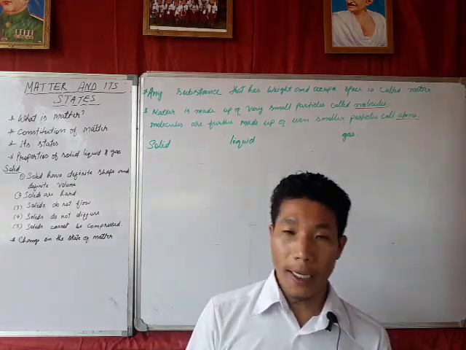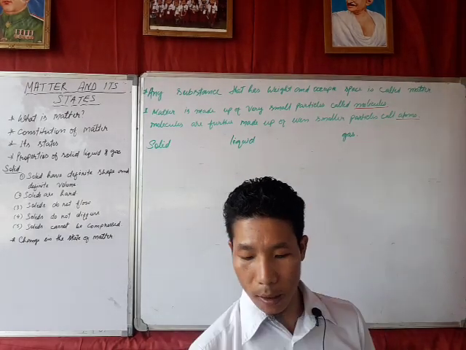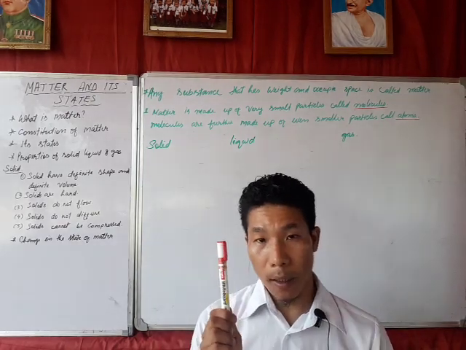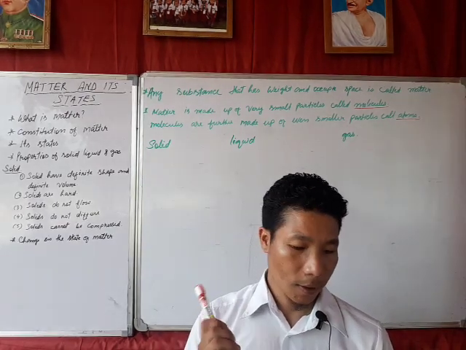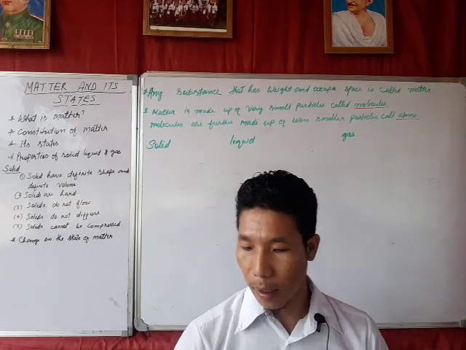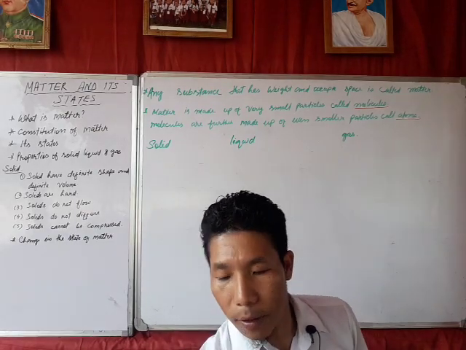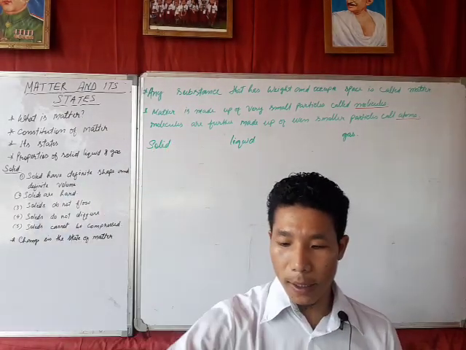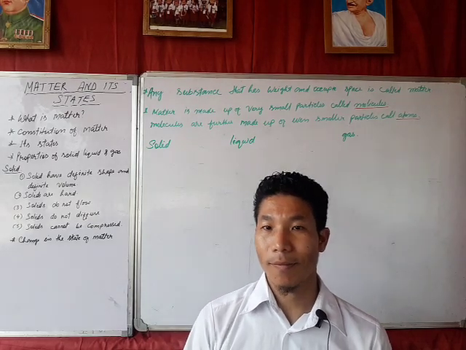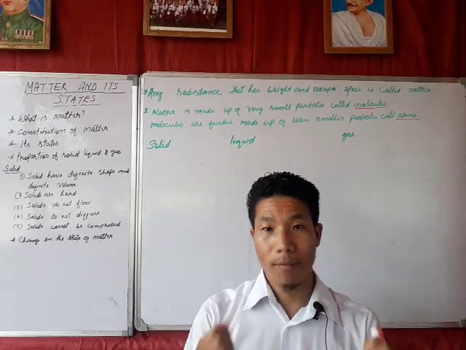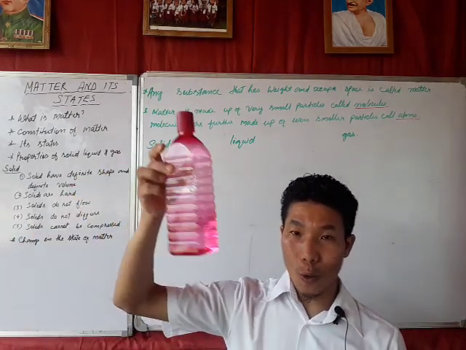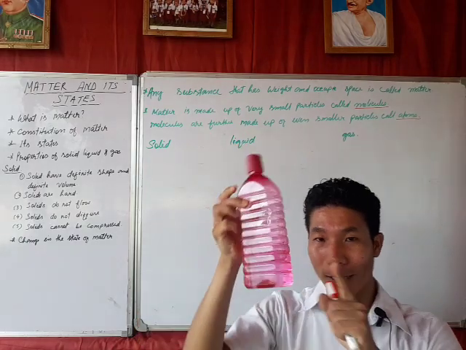Let me give some examples of what is solid, what is liquid and what is gas. Solid: I have this marker pen. This is solid. I have a book, and I have a globe. All these things are solid. And what is liquid? Water. Inside the bottle there is water, that is liquid.